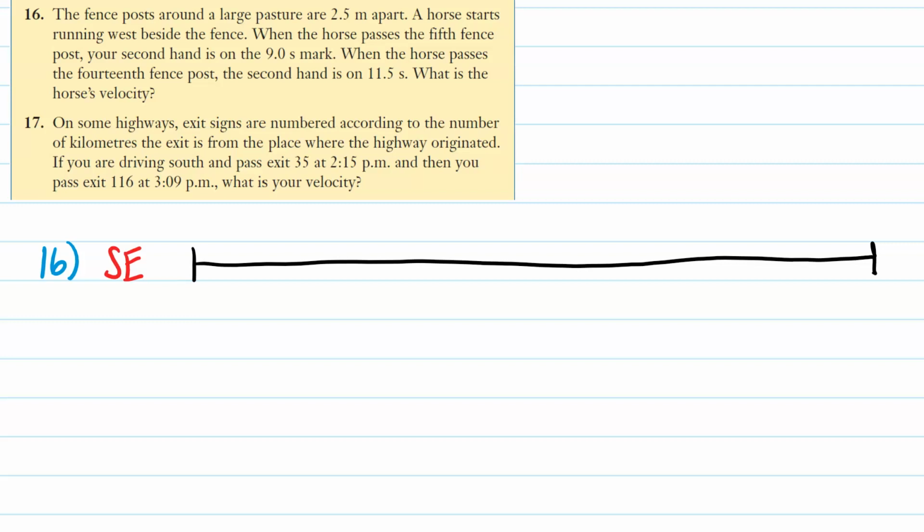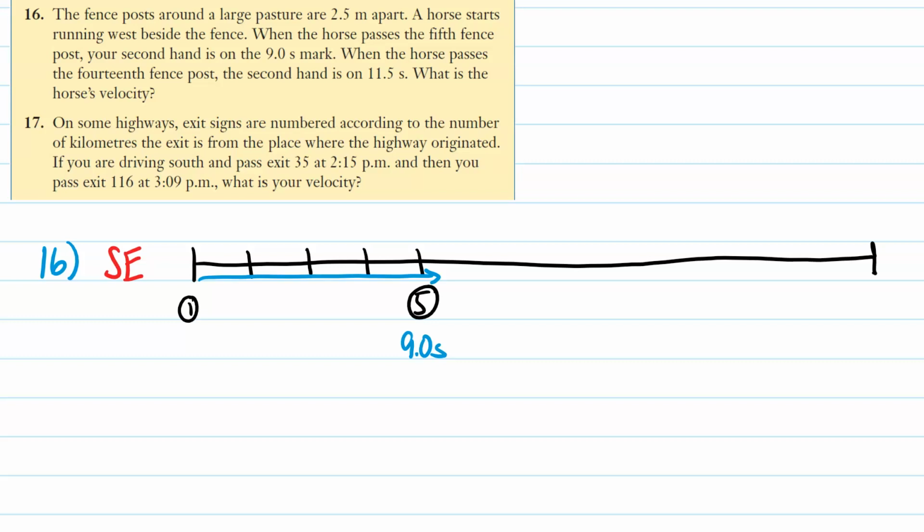And after the horse, if this is the first fence post, after the horse passes the 5th one, so 1, 2, 3, 4, 5, after the 5th fence post, and the horse is galloping, the time on your stopwatch is at 9 seconds.